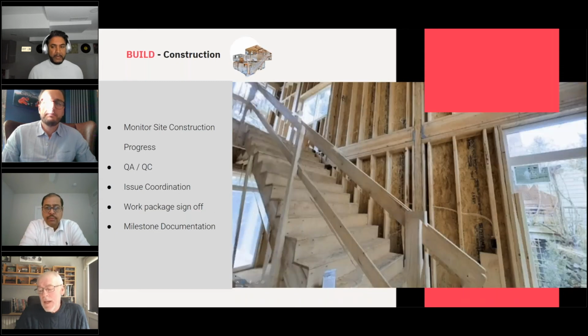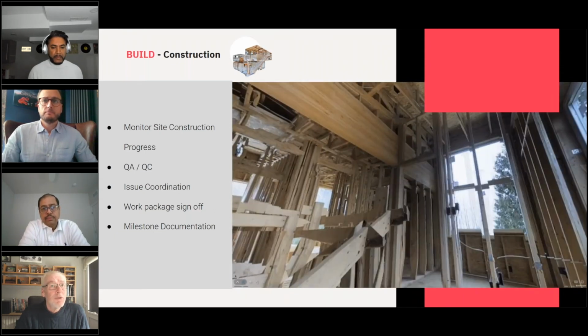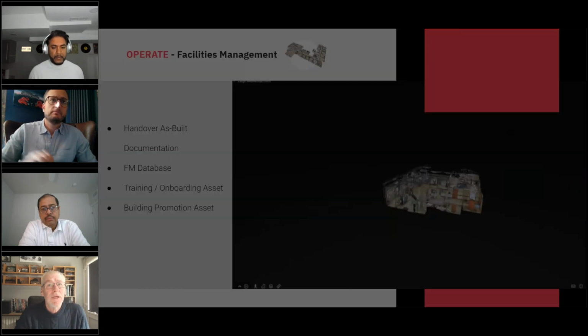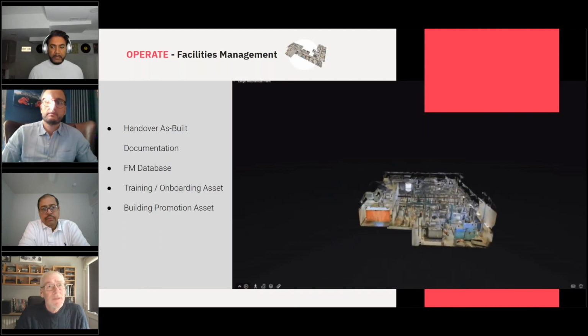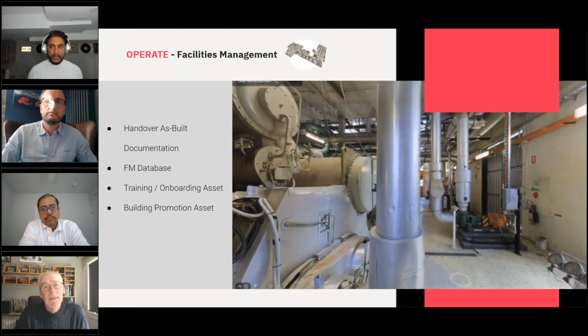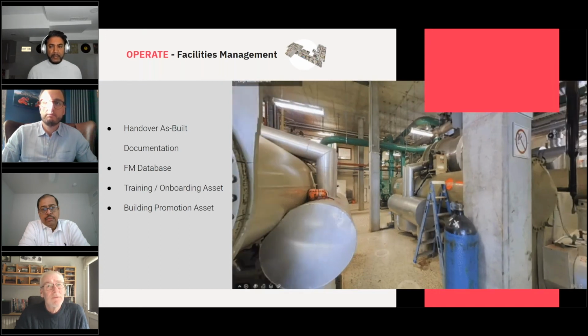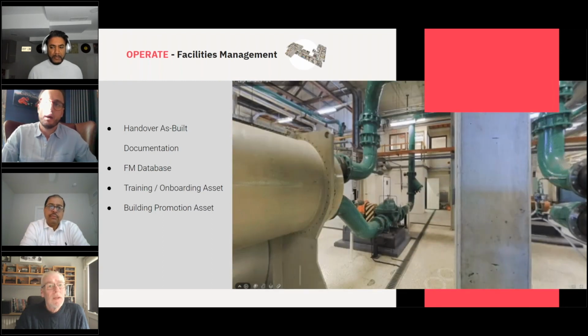So things like handovers and so on can all be driven out of the 3D space. You can add photos directly to it, documents and so on. So it can really help in the latter stages to help close out snagging and so on. Yeah, snagging and facilities management.